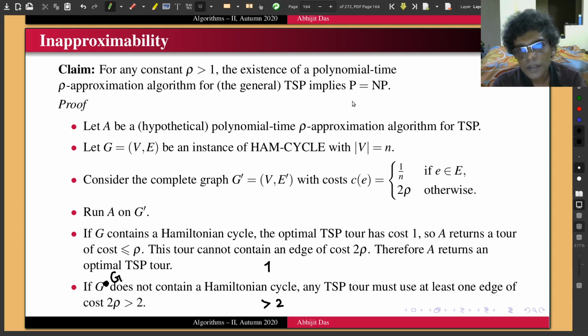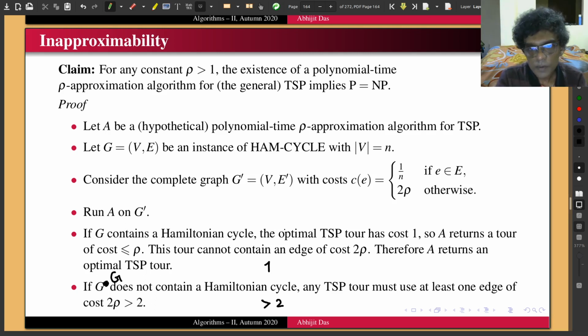So, under the assumption that P is not equal to NP, this general travelling salesperson problem is not approximable. So, maybe I just leave this to you as an exercise. Of course, here I have assumed that rho is a constant.